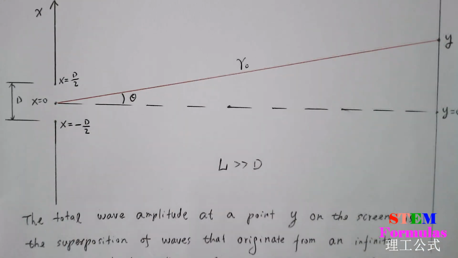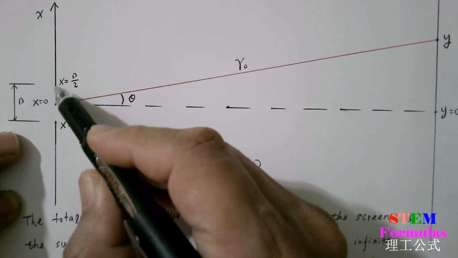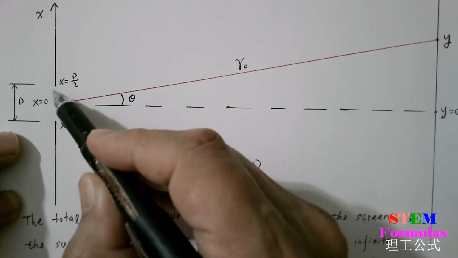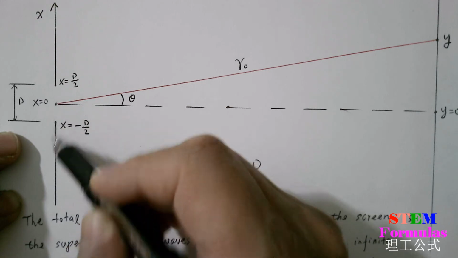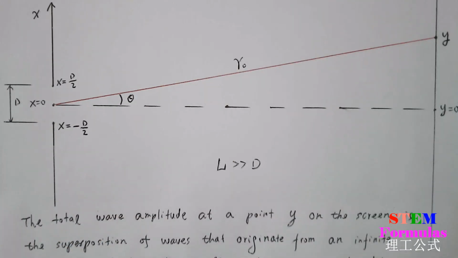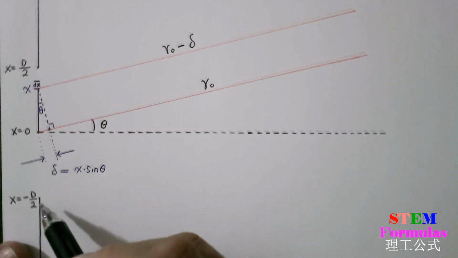So what we do is we divide the total width d into many intervals. Here we redraw this diagram.